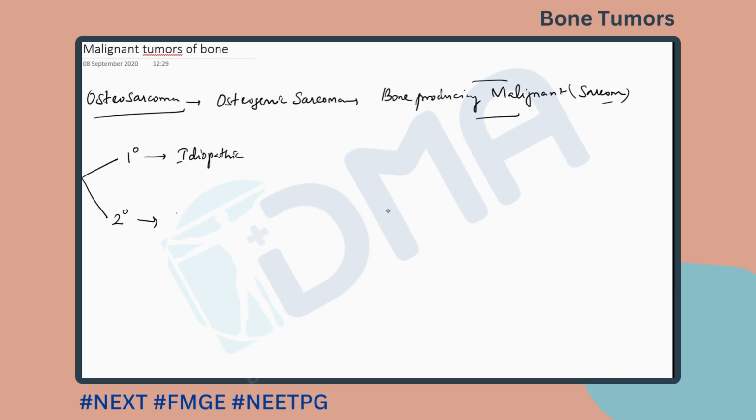Secondary osteosarcoma occurs in a diseased bone, like Paget's disease, or a bone which is irradiated, or a bone where there is chronic osteomyelitis. So in these conditions, osteosarcoma can arise. If an osteosarcoma arises secondary to a disease condition like Paget's disease, an irradiated bone, or a chronic osteomyelitic bone, that is called secondary osteosarcoma.